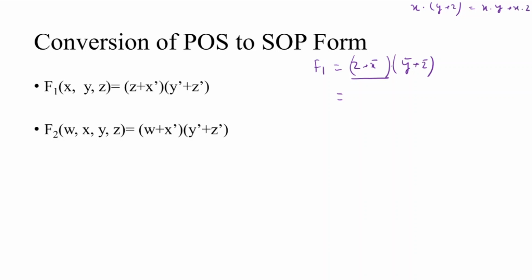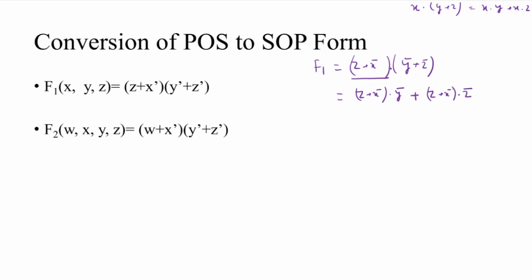So when this is treated as a single term and these are two terms connected by an OR operator, then we apply the distributive law here. This is written as z plus x complement, this is one term, into y complement, plus the second term is what? z plus x complement dot z complement.